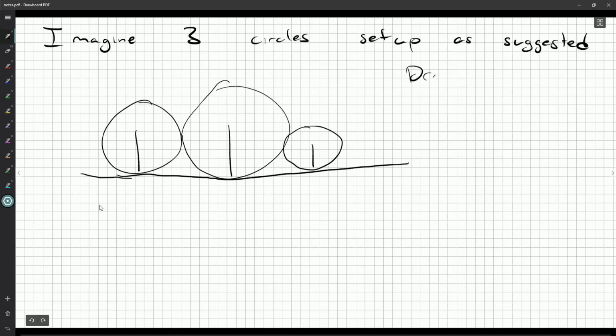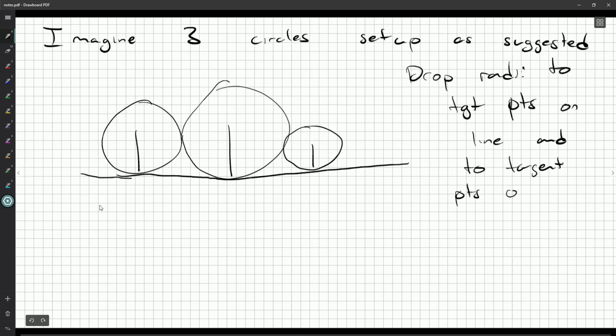So, drop radii to tangent points on the line and to tangent points between circles, let's say.